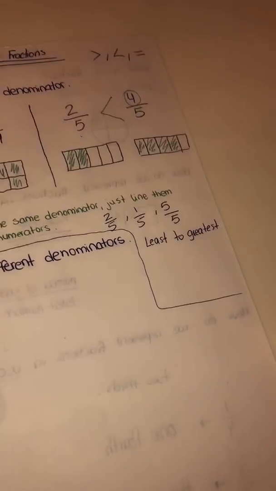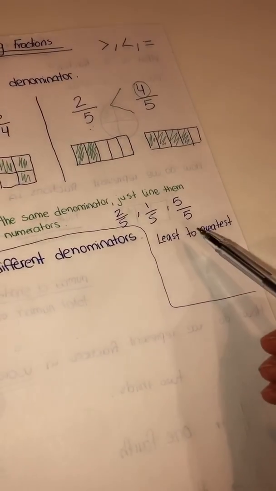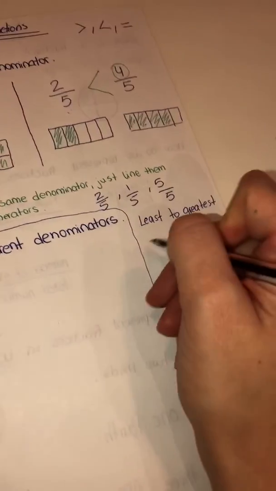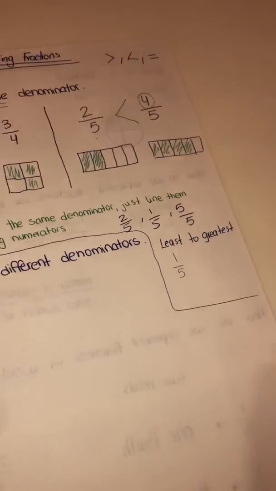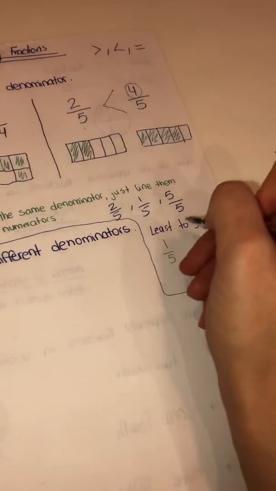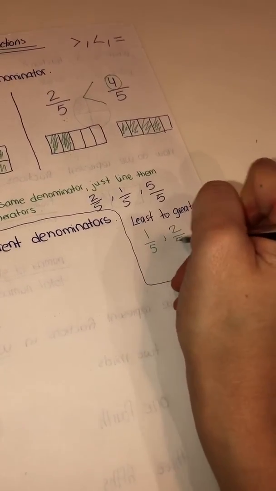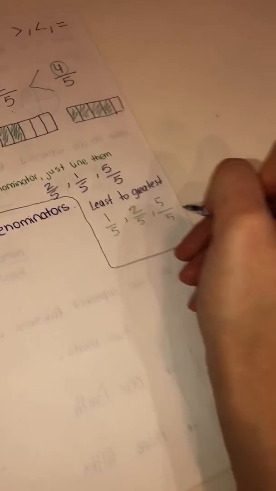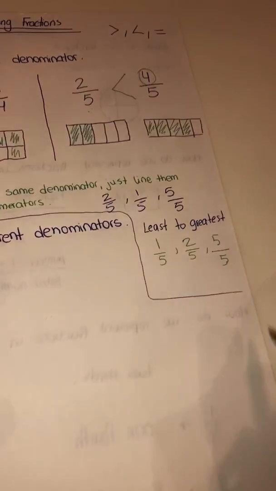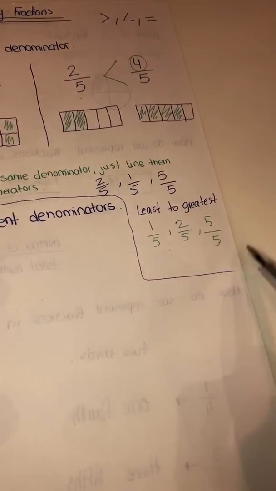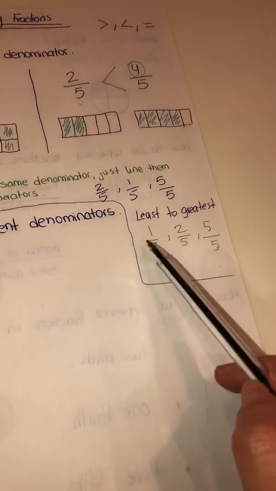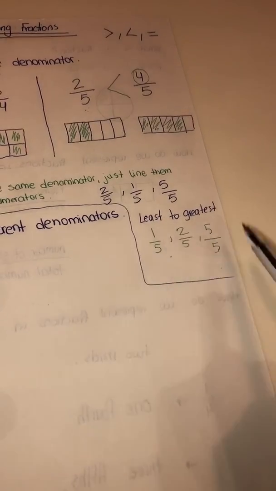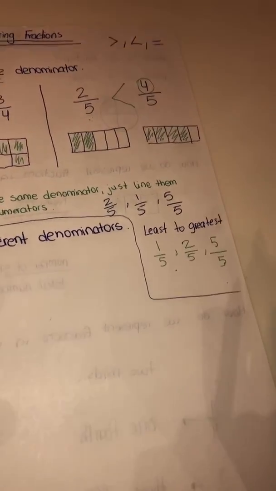Which one is the least one? The one with the smallest numerator, which is 1/5. Then 2/5, and then 5/5. This is how I ordered my fractions from least to greatest because they all have the same denominator. So the biggest numerator, because it has more shaded parts, is the greatest.